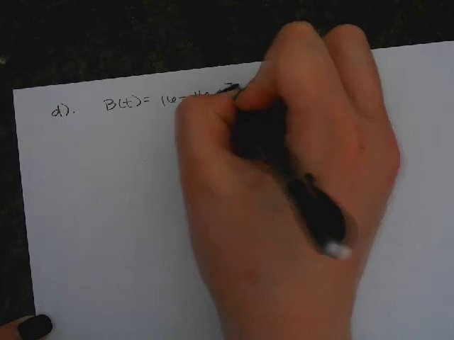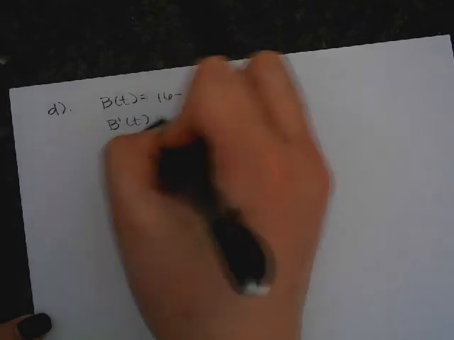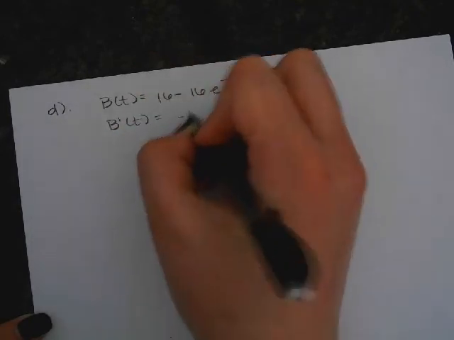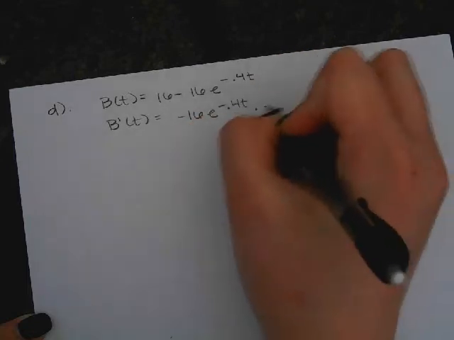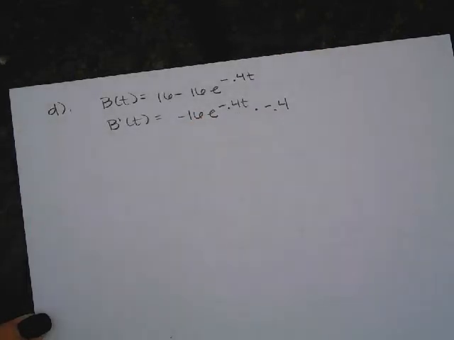So we've got B of t is 16 minus 16e to the negative 0.4t. And so B prime of t is 0 minus 16e to the negative 0.4t times negative 0.4. 0.4 is 2/5.